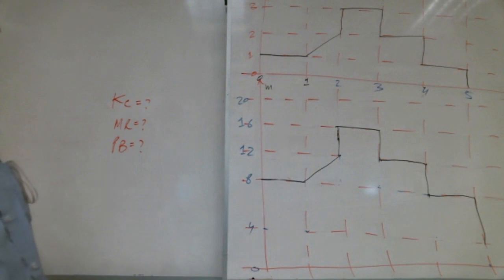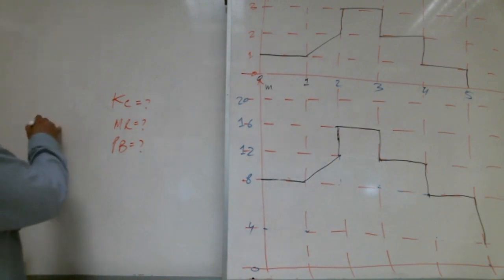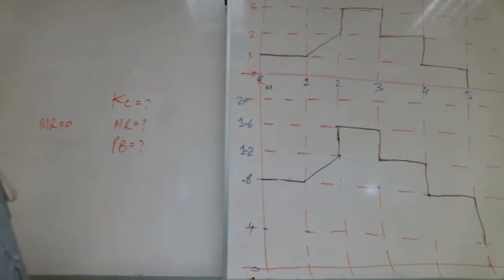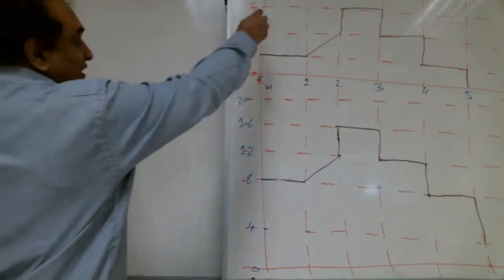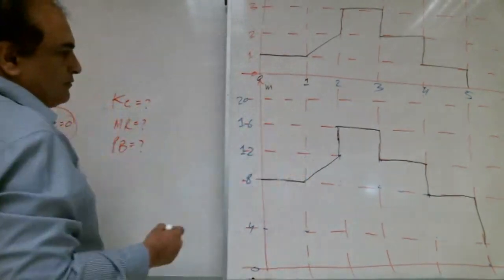So see here, for 1 minute, Shabab, imagine MR is 0. As our brother is saying, imagine MR is 0. Right? Yes. What is the change in error, change in output?